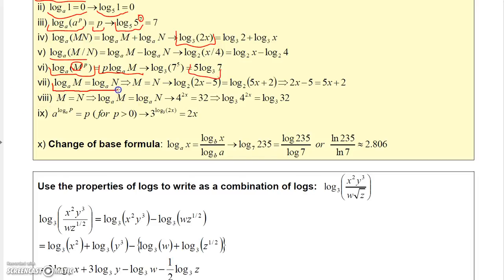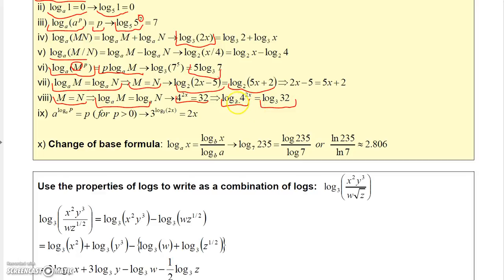And then a couple of other properties. If 2 logs are equal, their arguments have to be equal. So if this log base 2 equals this log base 2, then the argument 2x minus 5 must equal 5x plus 2. And also if 2 arguments are equal, their logs have to be equal. So if I have 4 to the 2x equals 32, then I know the log of 4 to the 2x base 3 equals log of 32 base 3.